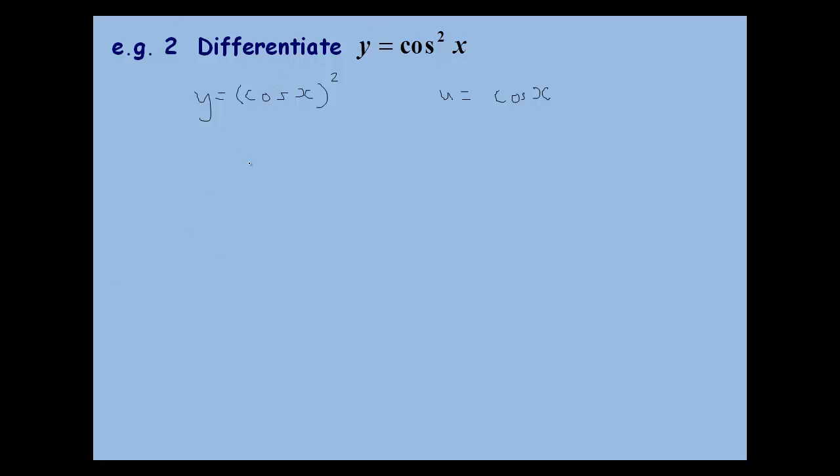So that's now going to give us dy/du here. Well, we've got y equals u squared, so dy/du is just 2u, which is 2 cos x.